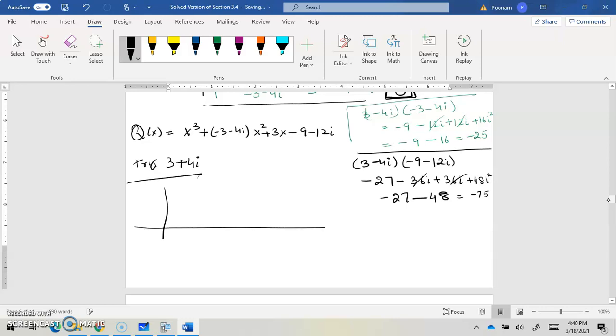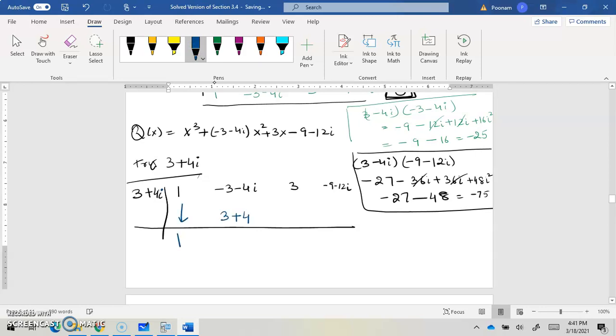That means we divide the quotient, which has the coefficients like this, and you have to write 3 plus 4 iota here. Synthetic division we already know. 1 goes down, multiply by 3 plus 4 iota, add, you get 0. This time this is 0, multiply, add, you get 3. Multiply, 9 plus 12 iota. When you add, we get 0.